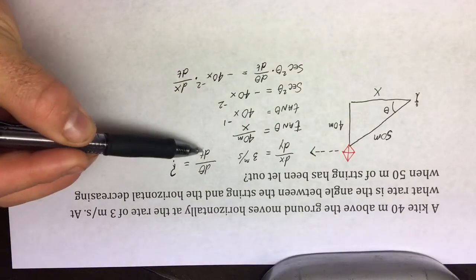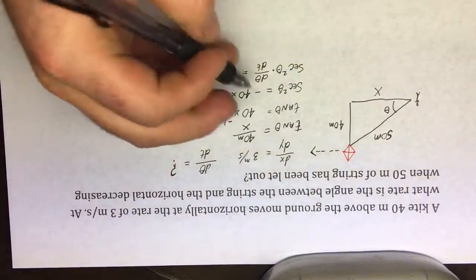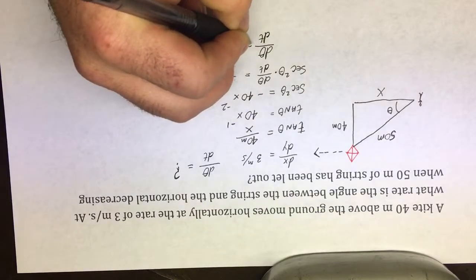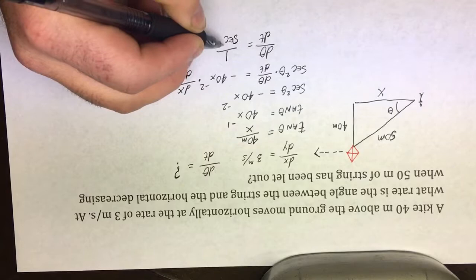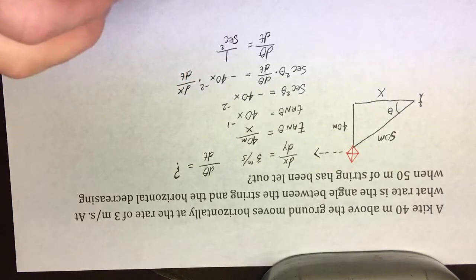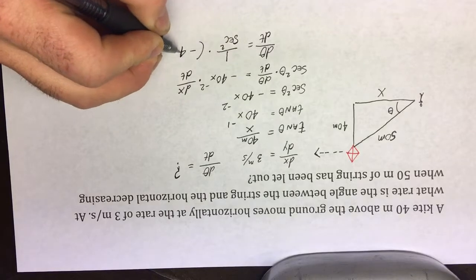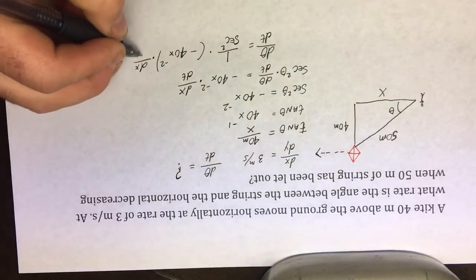We're looking for d theta over dt, which is what we have here. So I'm going to solve for this by moving secant squared over, which gives us 1 over secant squared times negative 40x to the negative 2 times dx over dt.